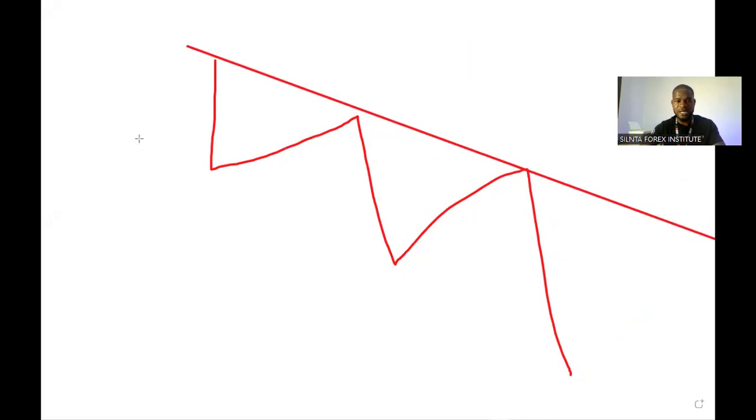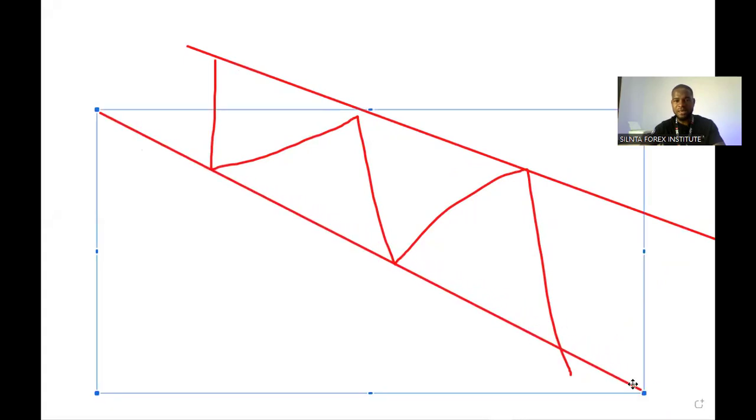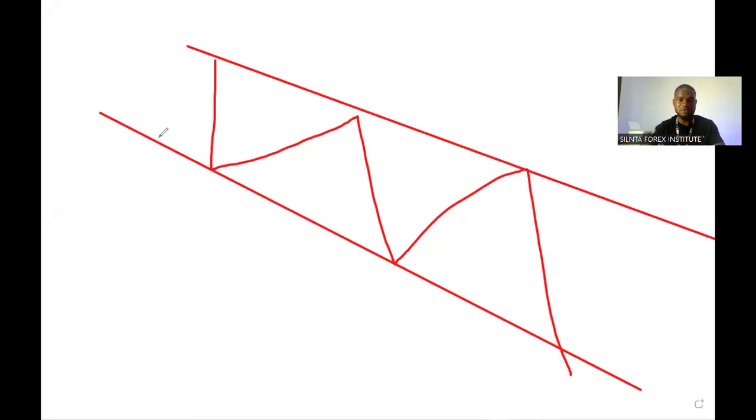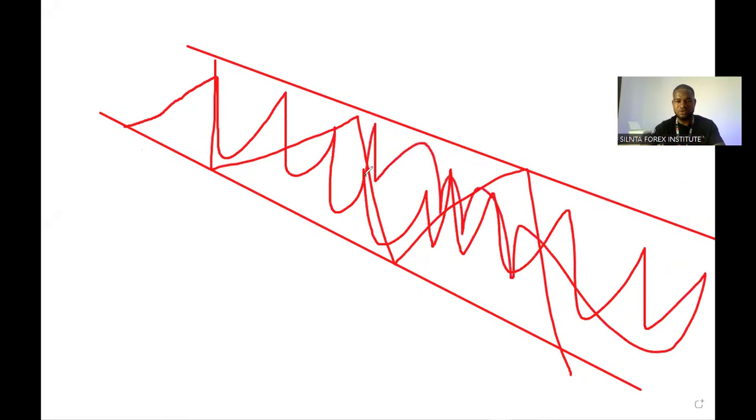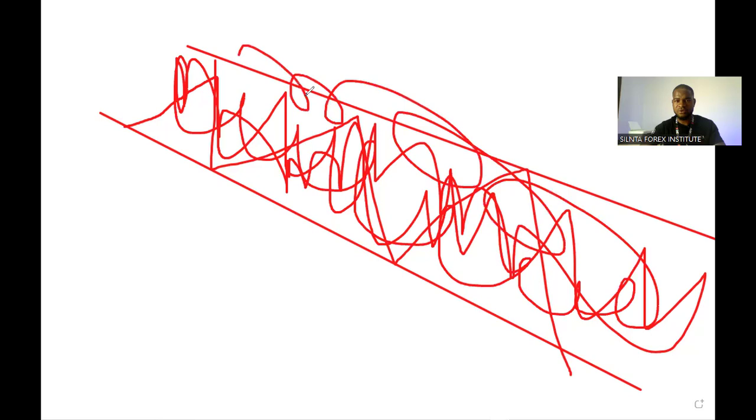And then you put another trend line here at the bottom. So what is happening is we call this area where the market keeps bouncing as it's moving a channel. So this area here is known as a channel. You get it?